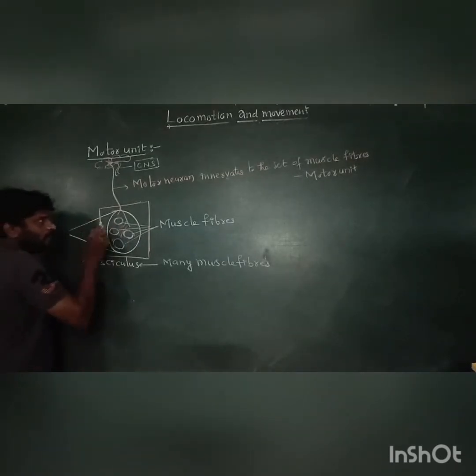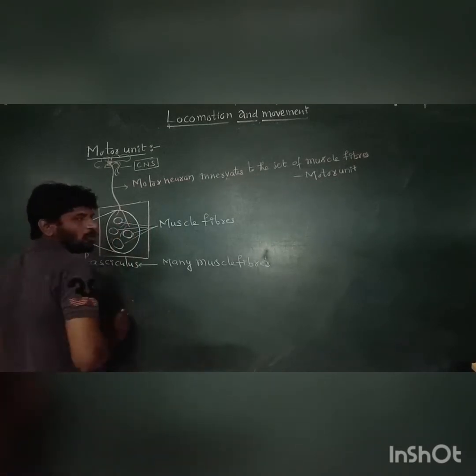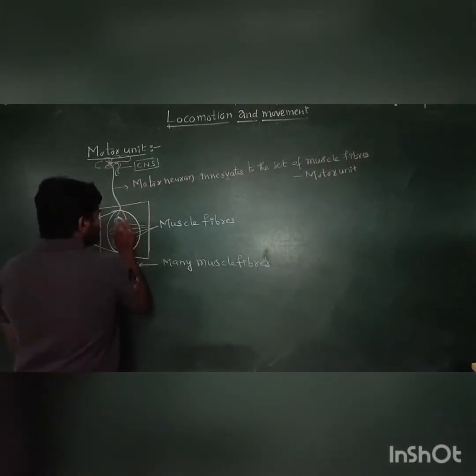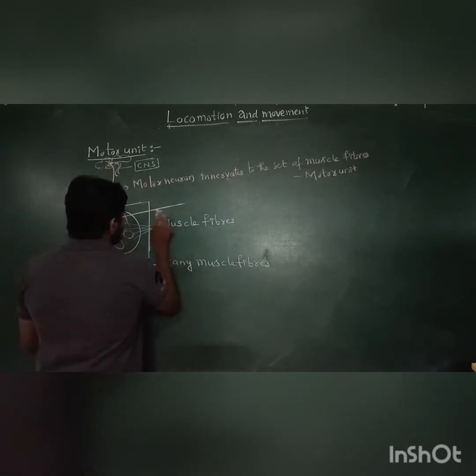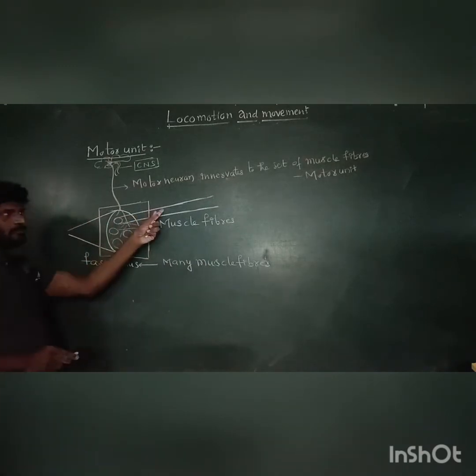One motor unit has one neuromuscular junction, another neuromuscular junction, another neuromuscular junction. The conclusion is that a motor unit has many neuromuscular junctions.